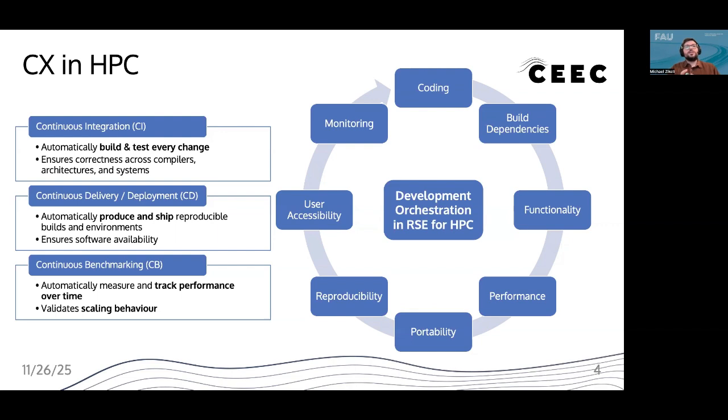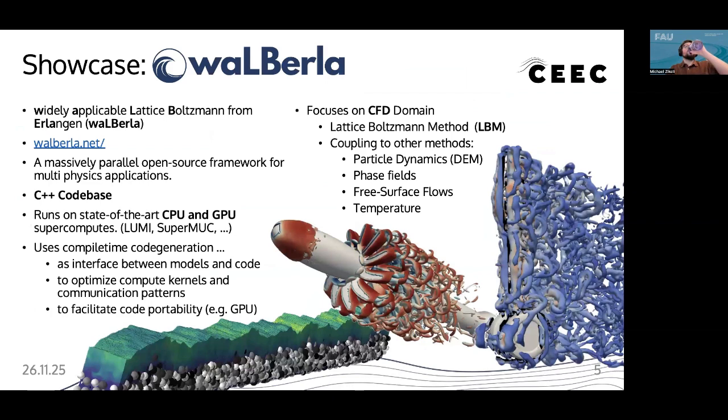And here CB is there to have performance regression, so to hopefully automatically measure and track performance over time, and the same for scaling behavior. Most of the talk will focus on CI.